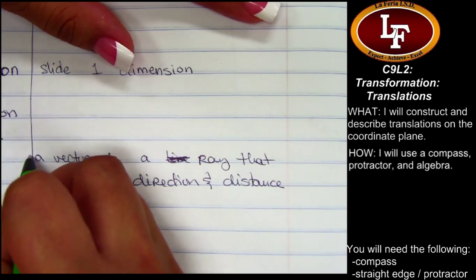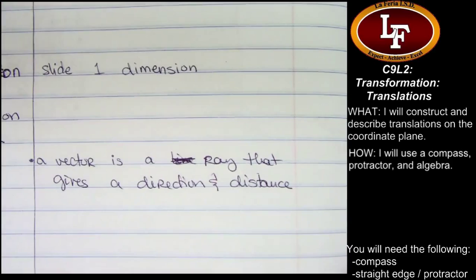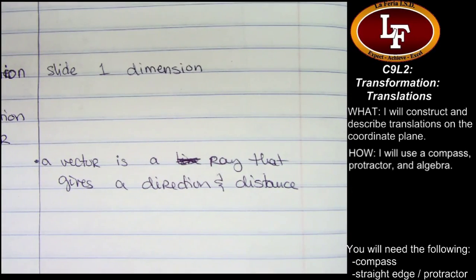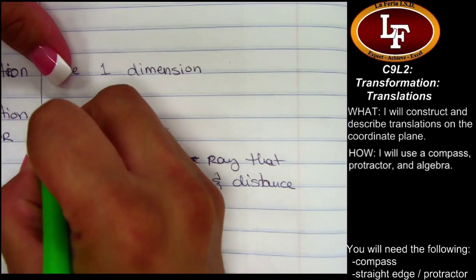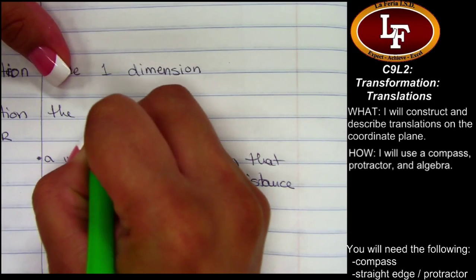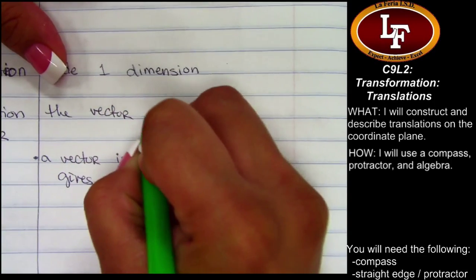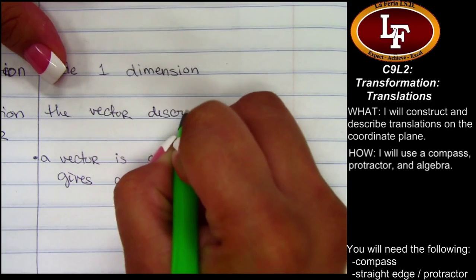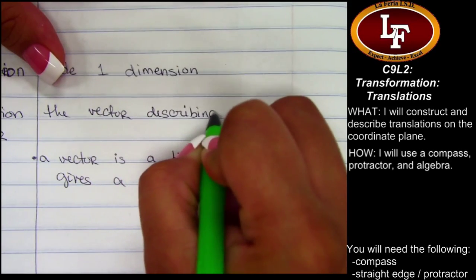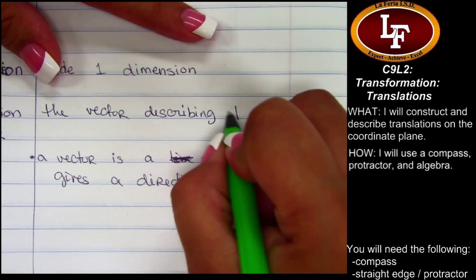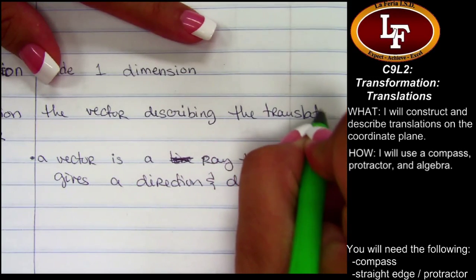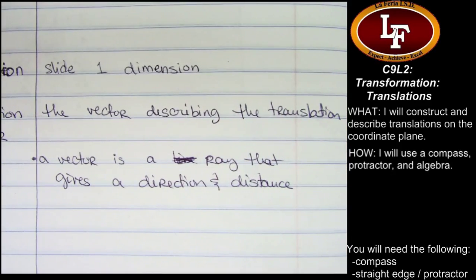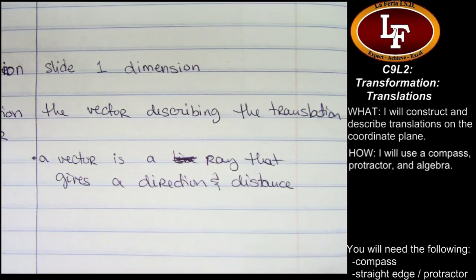So then our translation vector is going to be the vector that tells us what direction we're moving and how far. So the translation vector is going to be the vector describing the translation, how far we're moving and in what direction.